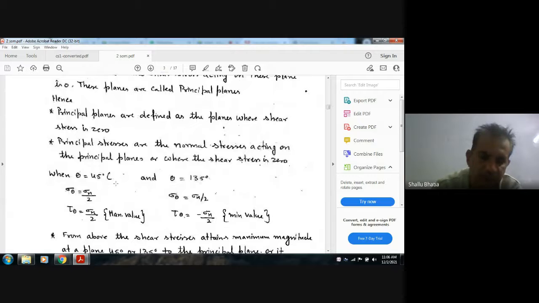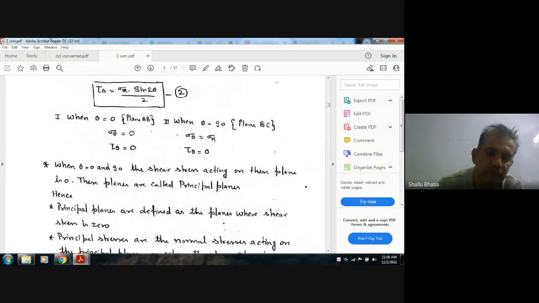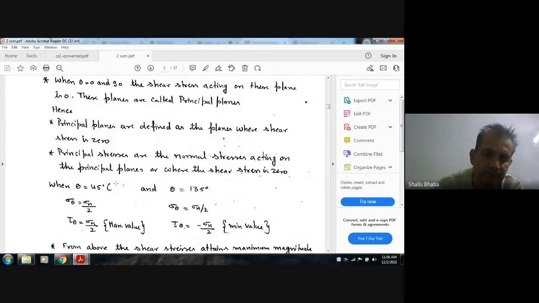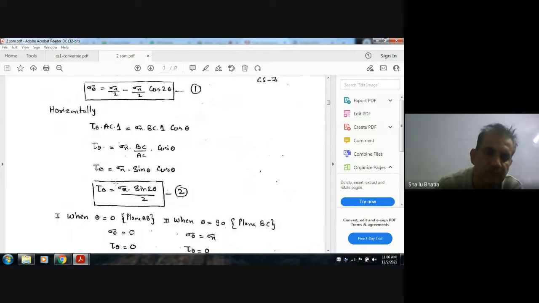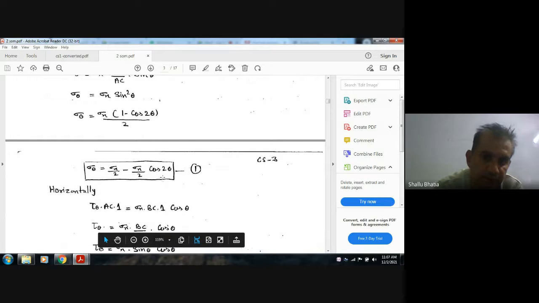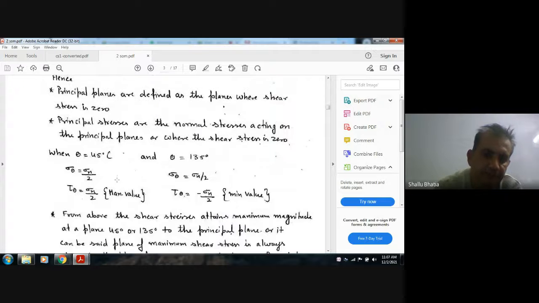And if we put 135 degrees, cos is negative in the second quadrant, but here it will be 270, and cos 270 is 0, so sigma x by 2. So at theta equal to 135, sigma theta is sigma x by 2, and at theta equal to 45 degrees, sigma theta will be sigma x by 2.